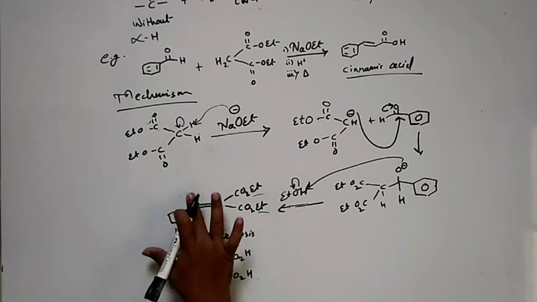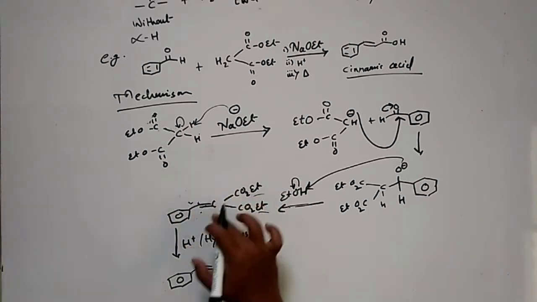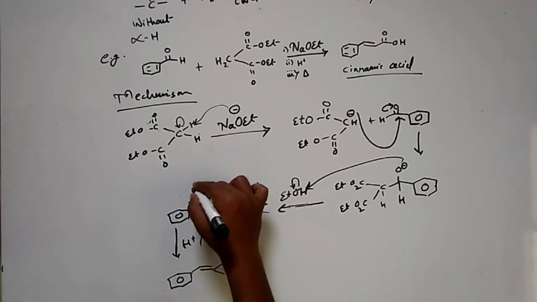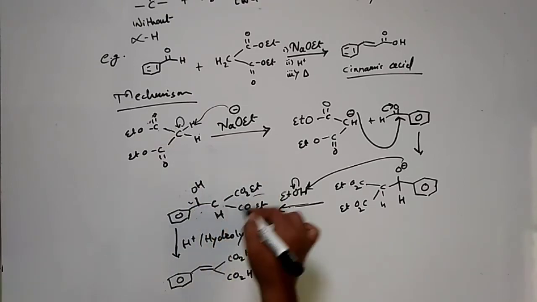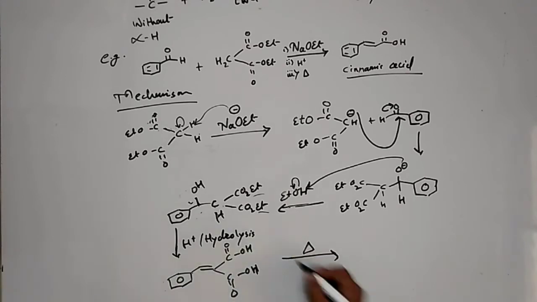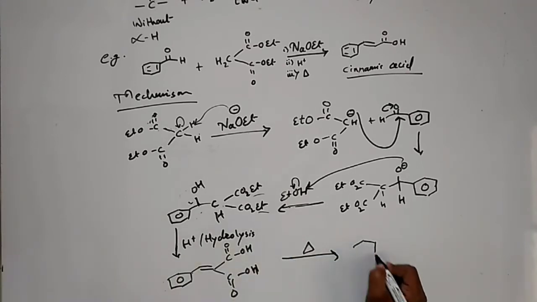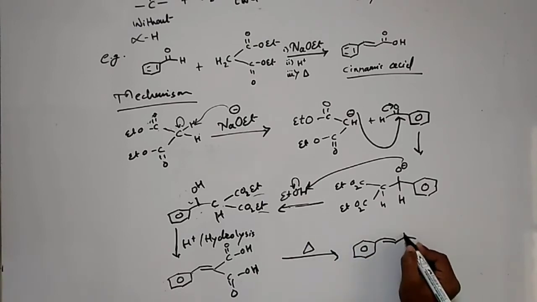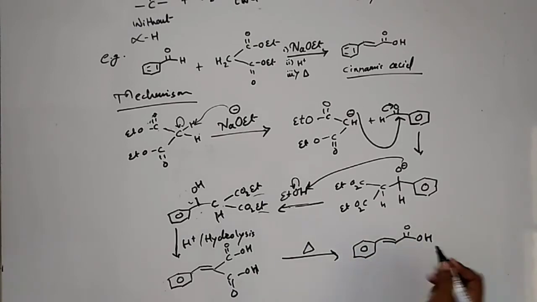Then hydrolysis takes place and you have this. Now with extra heat, decarboxylation occurs. It has its own mechanism, but we don't need it, and you can directly write your final product, which is nothing but cinnamic acid. So here we are up to our product.